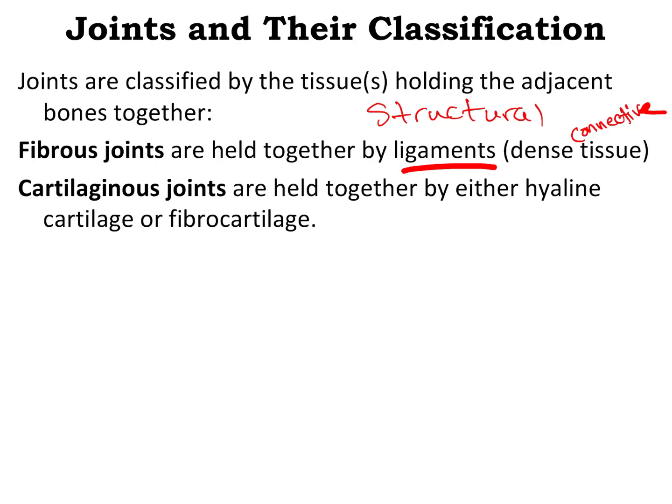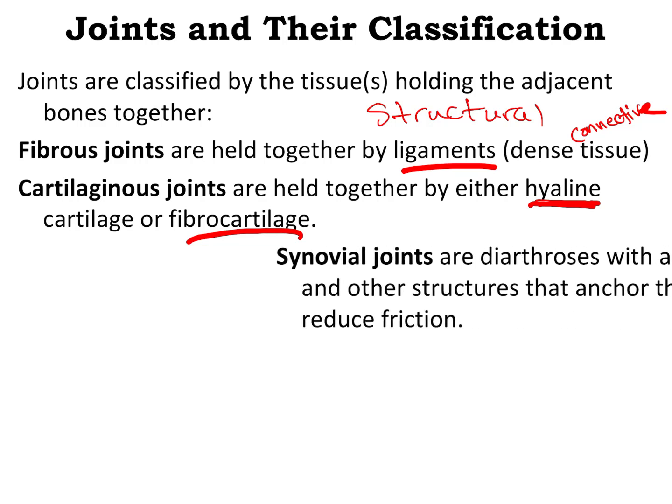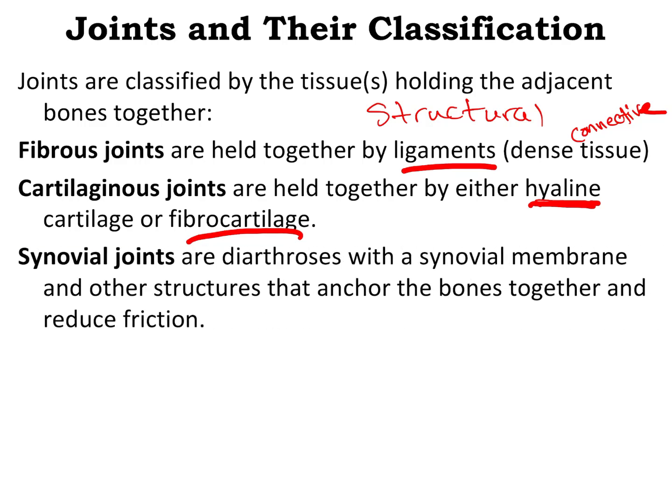So we're talking about ligaments here. Cartilaginous joints are held together by either hyaline cartilage or fibrocartilage. There are different ones, some that are hyaline and some that are fibrocartilage, but these are not synovial. The third type is synovial, and these have a joint cavity.